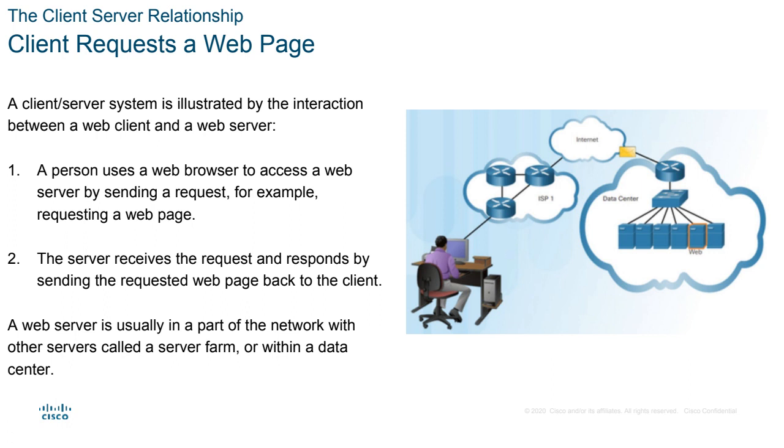So here we have a client requesting a web page, and the server will respond with the requested web page. Usually we put the servers in one part of the network that we call a server farm.